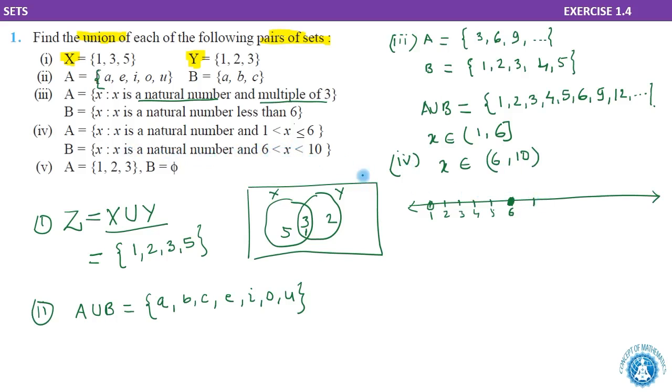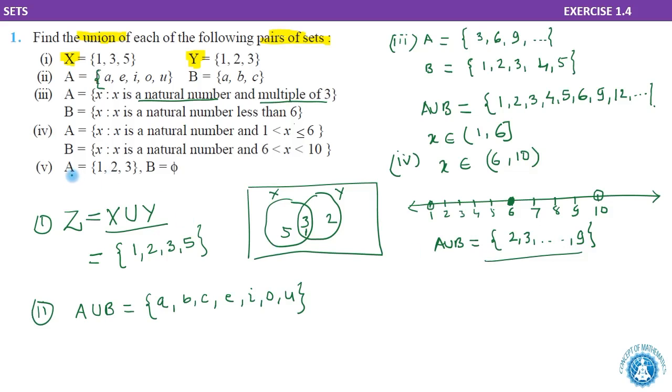In the second interval 6 will not be included, so it will start from 7, 8, 9 and 10 also will not be there in set B. So the union of A and B will have 2, 3 up to 9. The union of A and B will have this many elements.